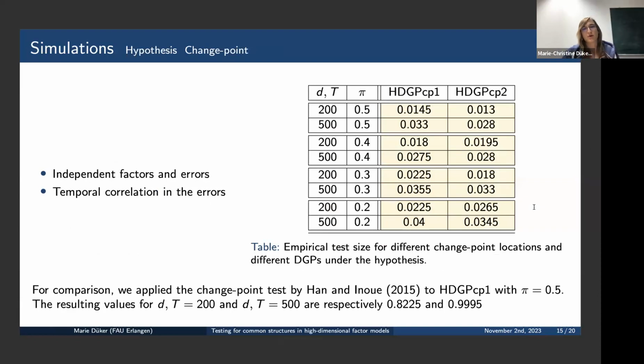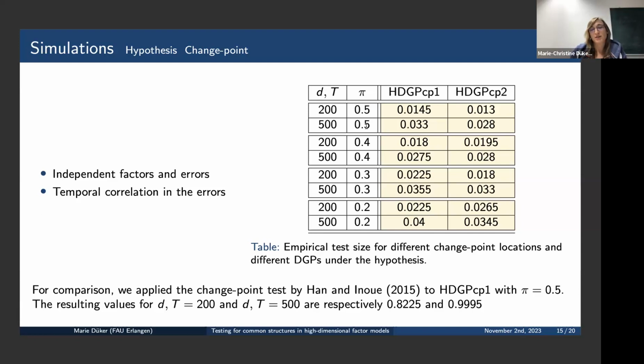So just to conclude the simulations, we also talk a little bit about the change point setting, but only under the hypothesis. One is in the same setting again. So we have D and T being 200 and 500. And then we looked at different changes. The idea in the change point setting is always that we apply a regular change point test first.